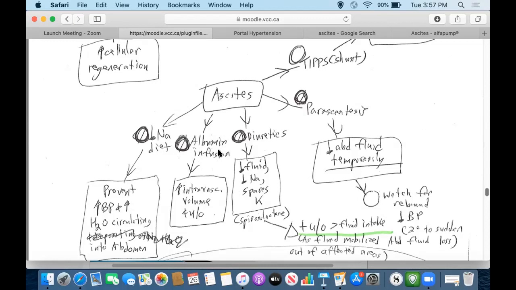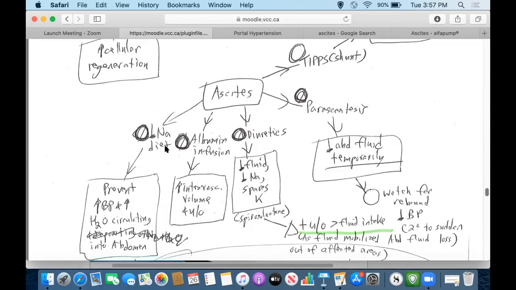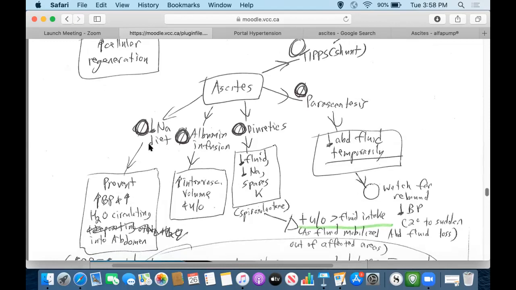And if the liver's not producing albumin, that infusion is only going to last a little while. Diet: decrease your sodium so that you can decrease your blood pressure, so that you can decrease basically your hydrostatic pressure against vessel walls, if that's applicable to the patient.